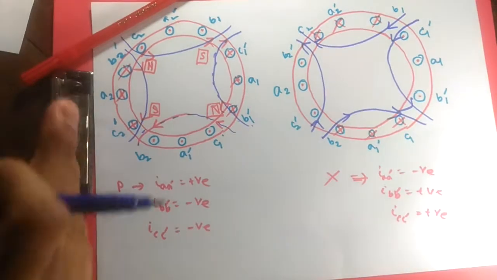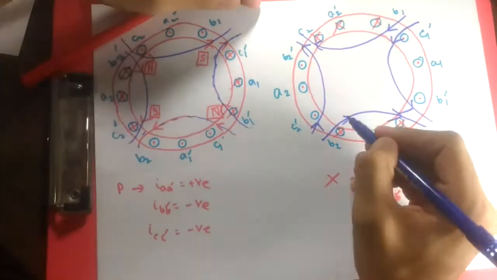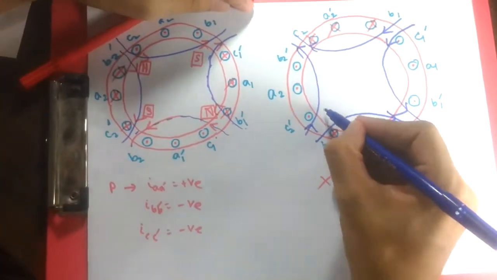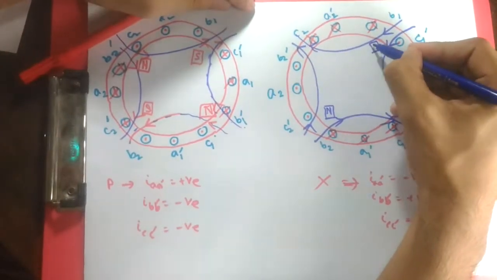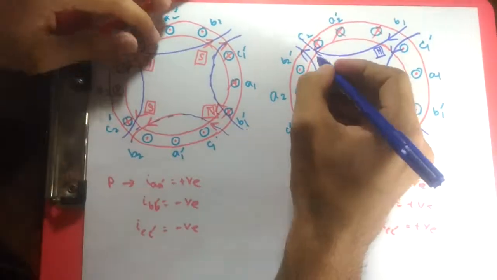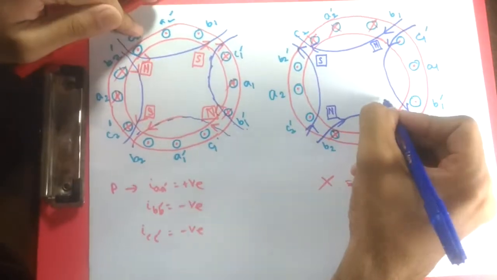So where are the north and south poles at this moment of time? The north pole is going to be here and here, because at these two places the magnetic field is entering, and the south pole is going to be here and here.